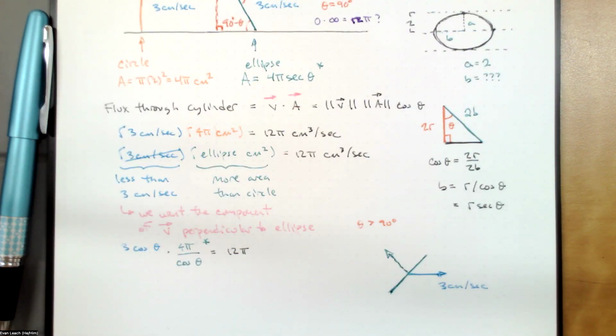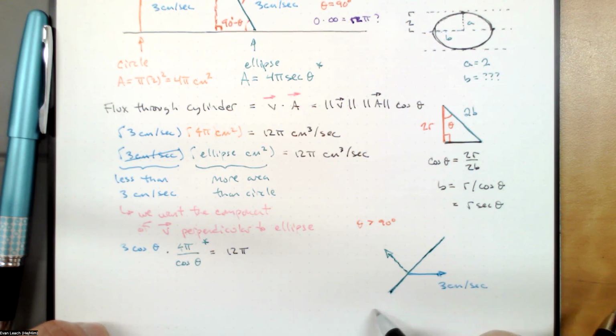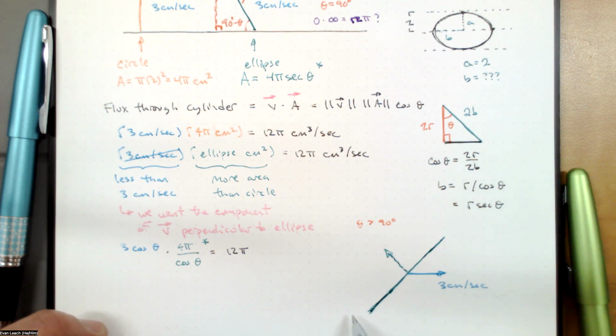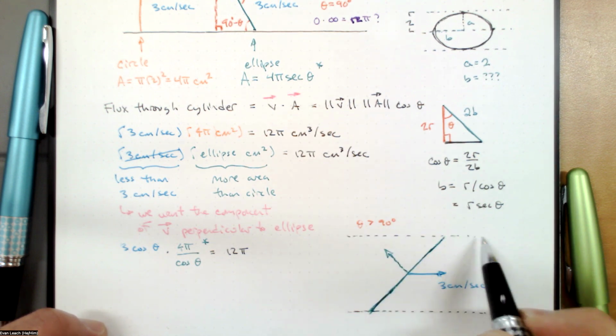So the component of the velocity that is perpendicular to the ellipse is negative. But then when we calculate the area, that also works out negative.